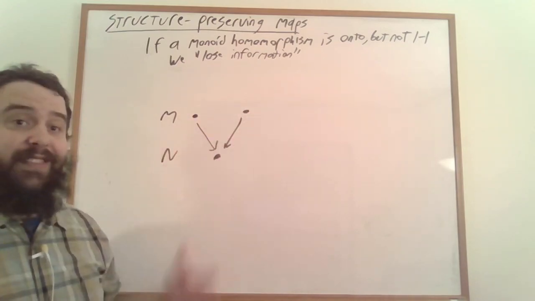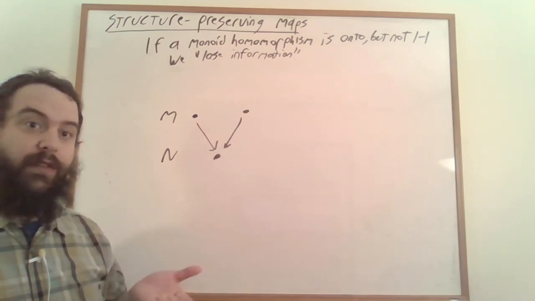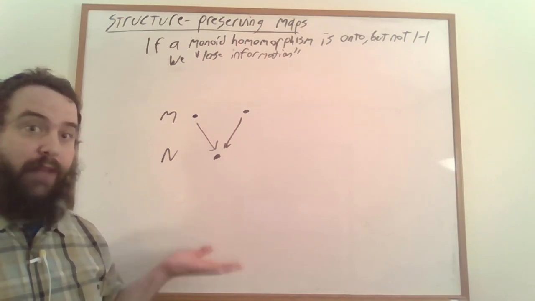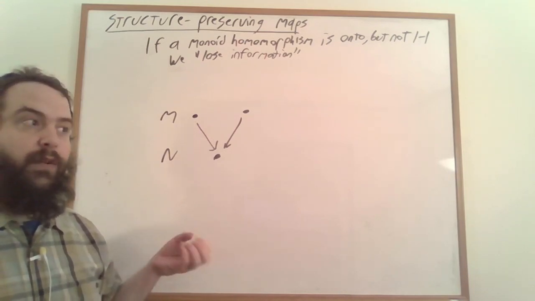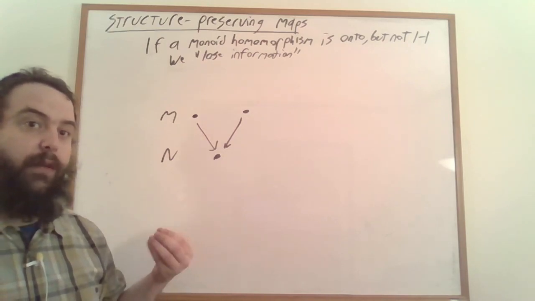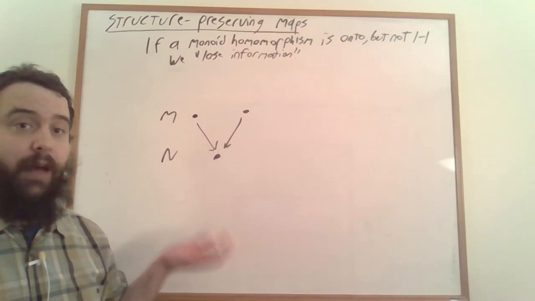For instance, the squaring function, if I take a number and square it and tell you that the result is 9, you can't work out whether my original number was positive or negative 3. You retain the information about the magnitude of my original number, but you've lost the information about whether it was originally positive or negative.